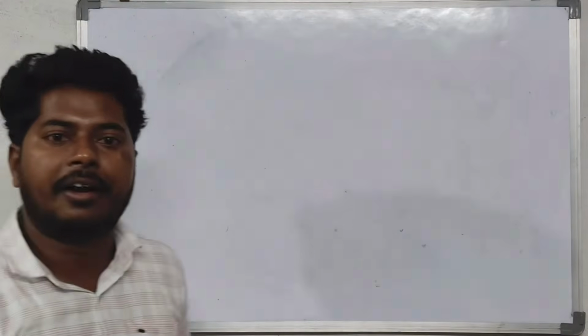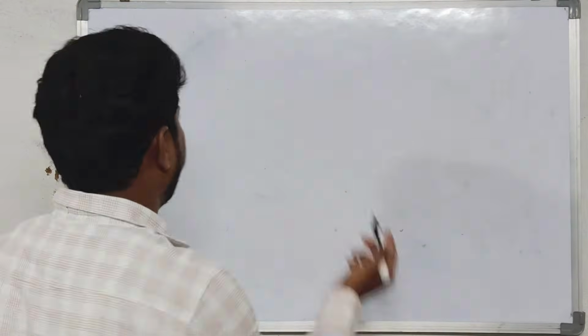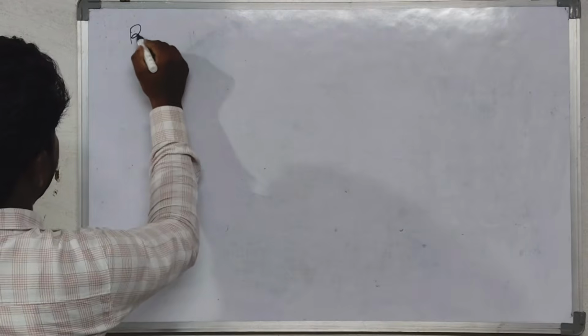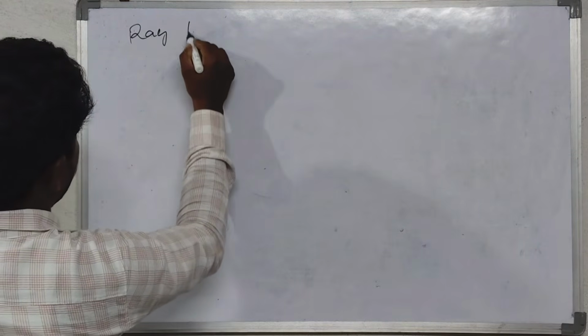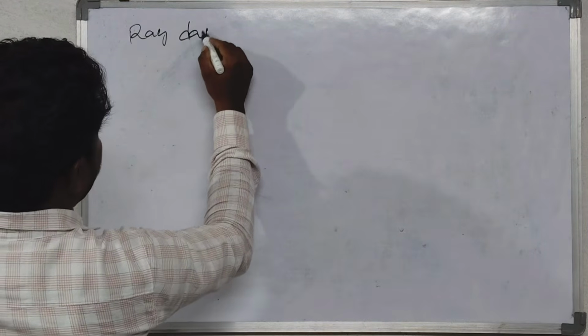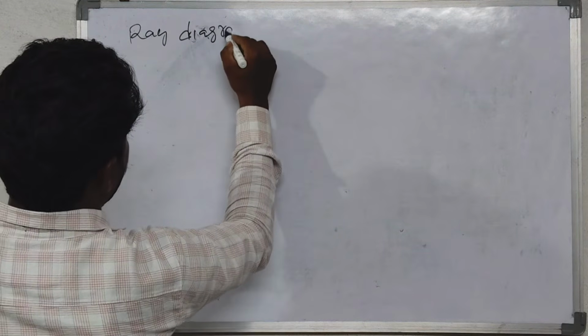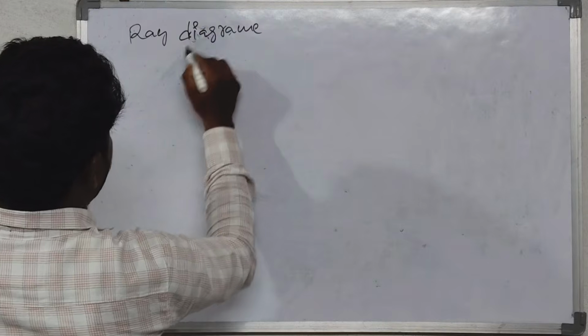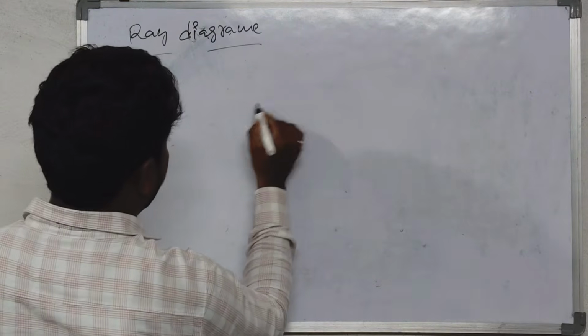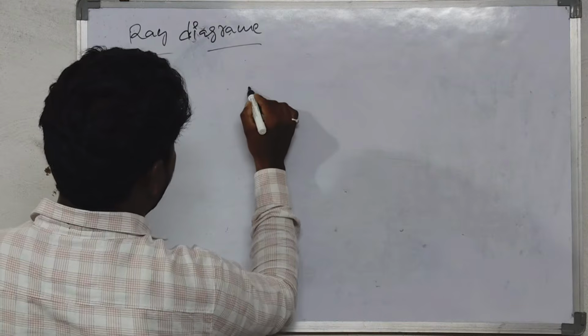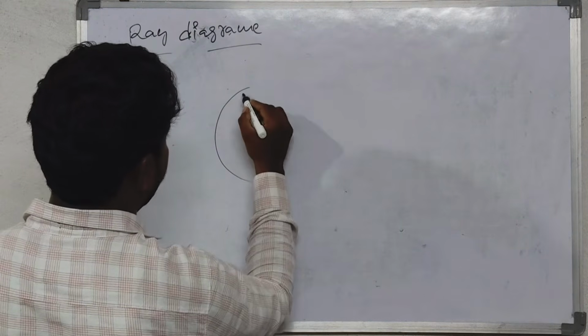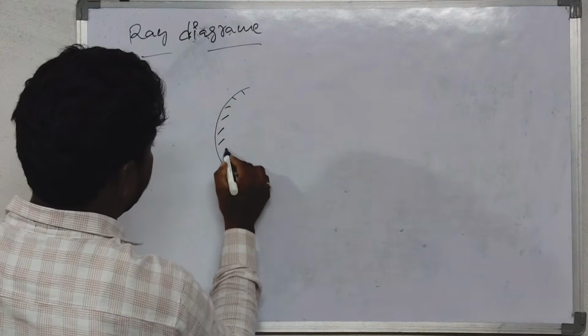Let us draw the ray diagram for a convex mirror. A convex mirror has a curved outward reflecting surface, so oblique lines are taken inside.